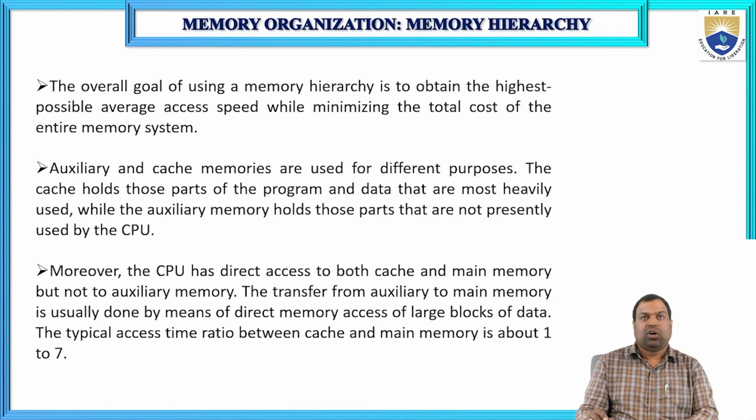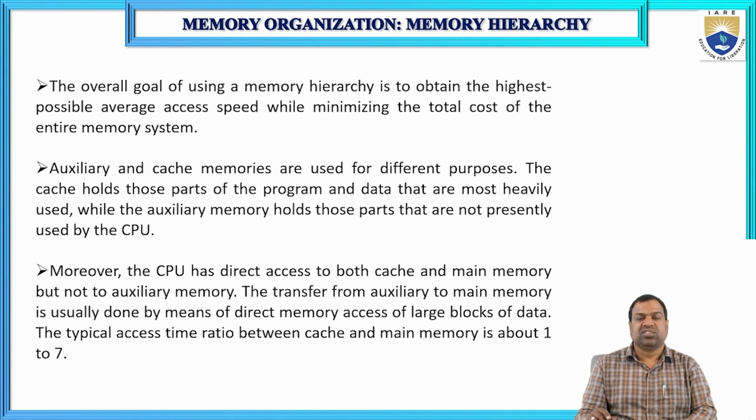The overall goal of using a memory hierarchy is to obtain the highest possible average access speed while minimizing the total cost of the entire memory system. Auxiliary and cache memories are used for different purposes. The cache holds those parts of the program and data that are most heavily used, while the auxiliary memory holds those parts that are not presently used by the CPU.